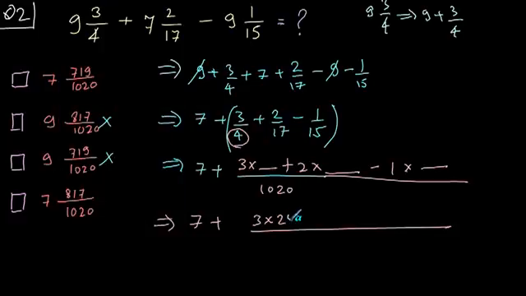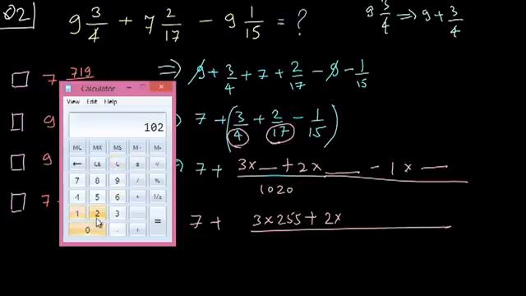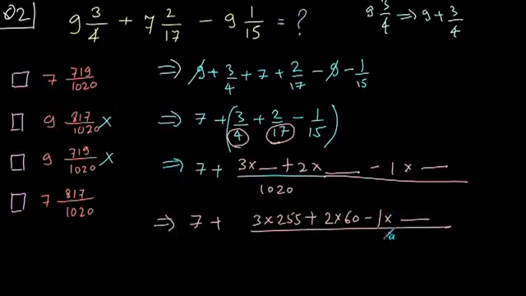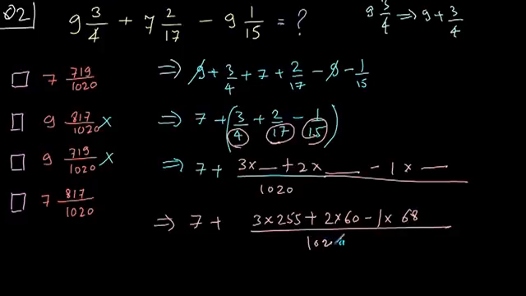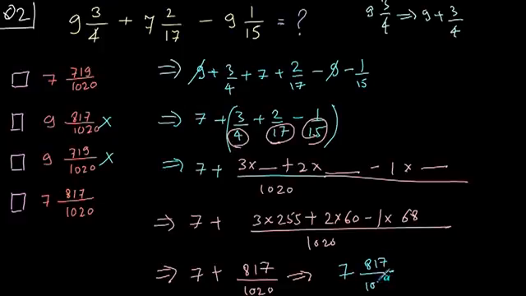So it is 255 plus 2 into how many times 17 is 1020. 1020 divided by 17 is equal to 60, minus 1 into how many times 15 is 1020. 1020 divided by 15 is equal to 68. Now if you solve this completely, you get the answer as 7 plus 817 by 1020, which comes out as 7 817 by 1020. So the answer here is option number D.